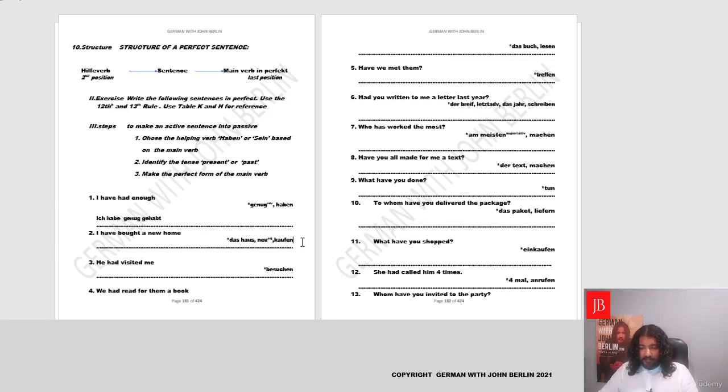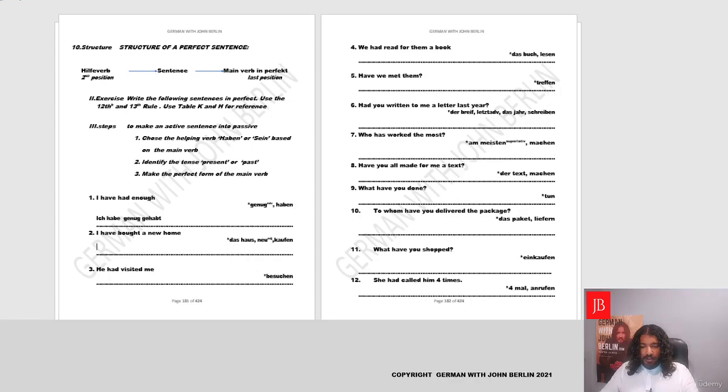Perfect. I have had enough. Moving forward, I have bought a new house. First point, identifying the helping verb based on the main verb. The main verb is bought. Bought has got no certain movement. Yes, no fundamental movement. So the helping verb is haben. Tense is in the present. So we'll say ich habe. And what? A new house, accusative. So then the das, it'll be das Haus.